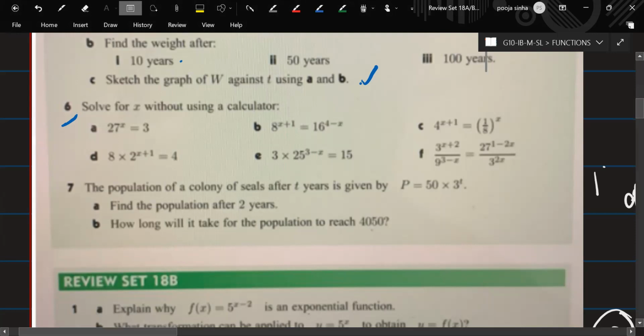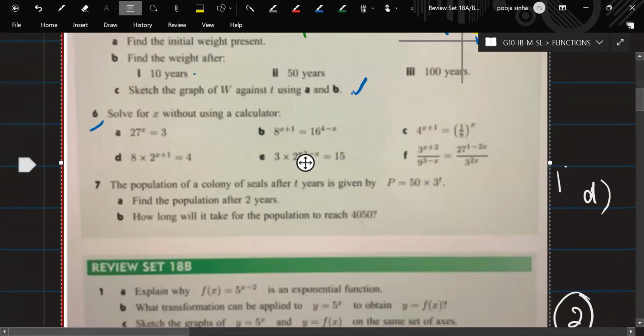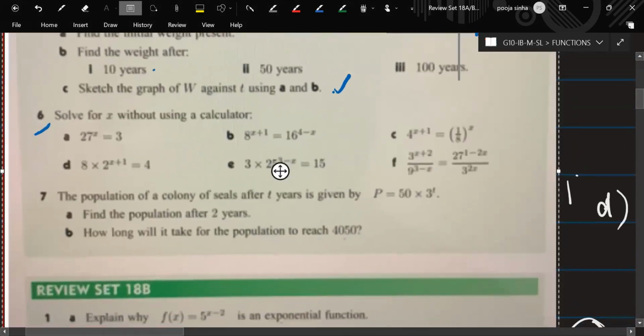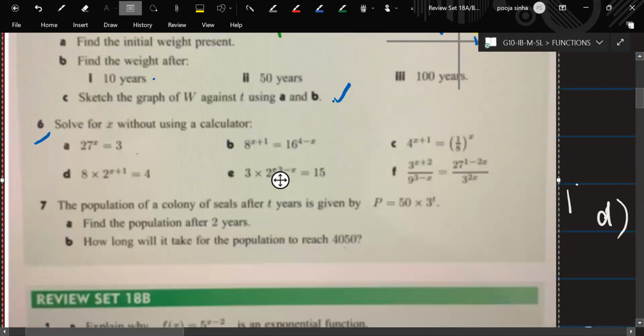Okay. Coming to this now. What did I tell you for these questions? If you remember anything, let me know. Miss, I don't know how to solve these. Okay. So for such questions, the question is 27 raised to power x is equal to 3. Right? Yeah. That's the question.